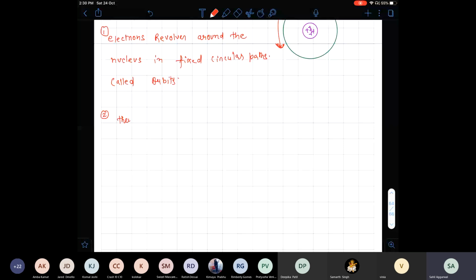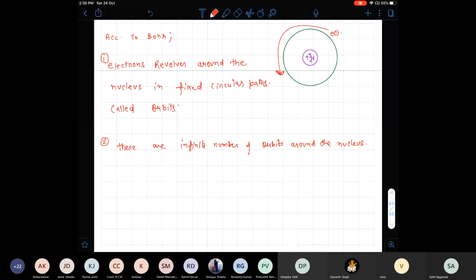There are an infinite number of orbits around the nucleus in which an electron can be present.